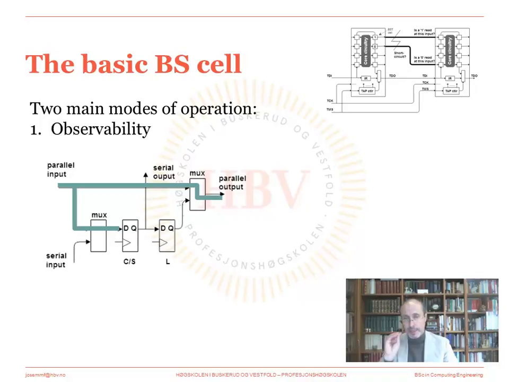All the cells operate in the same mode, and they receive the same test clock. So when you drive a rising edge at the test clock input and the input multiplexer is in this mode, then all the cells will capture the logic values that are present at their parallel inputs.